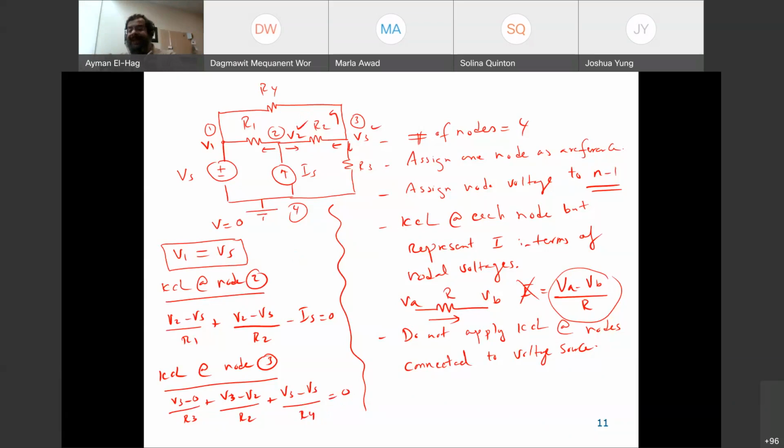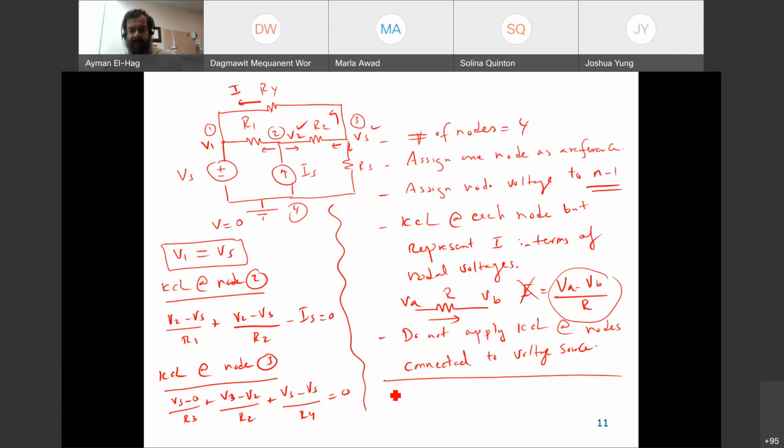Now, this is the first thing you do in this nodal analysis. Now, I could ask you to find I, or I could ask you to find anything in the circuit. You don't care at the beginning. First, you have to solve it this way. Once you know every single node voltage, then you start to look at what the question is asking you to do.